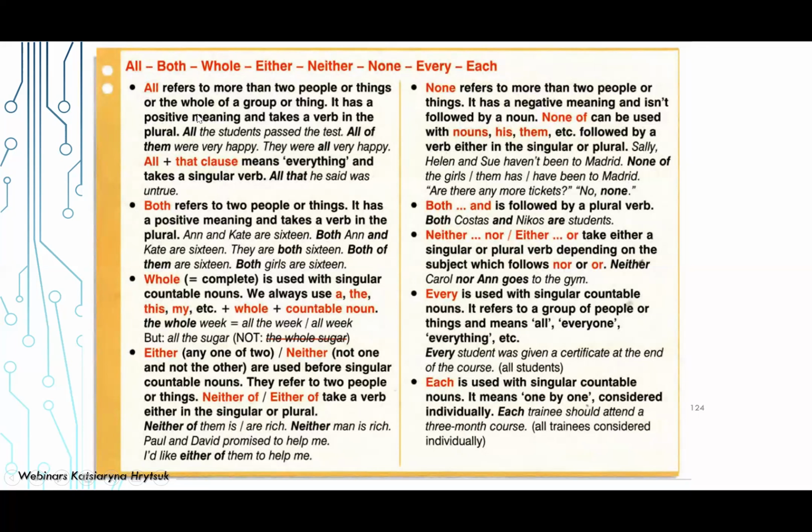With all, we talk about more than two people or things. Okay, all the students passed, all of them, so more than two. And the verb goes also in plural. All that clause means everything. All that he said was untrue. It means everything he said was untrue.